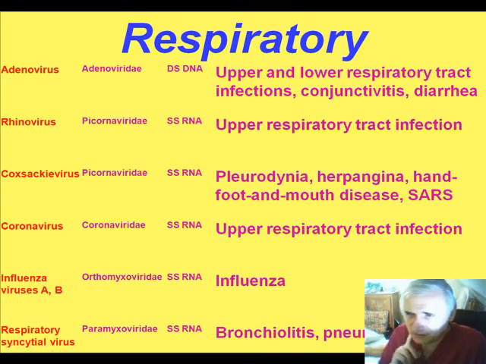For example, pleurodynia, herpangina, which is a form of upper respiratory infection, and hand, foot, and mouth disease in humans, which is not at all related to the cattle hoof and mouth disease. And I'm not too sure if SARS really should be on this list. I think SARS would more likely and correctly be part of the coronaviruses, which cause upper respiratory infection.